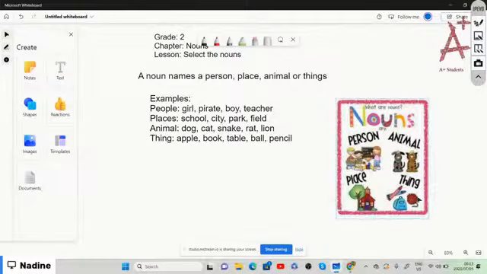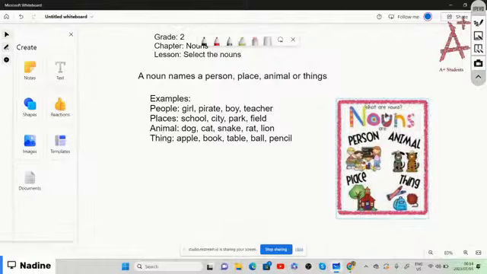Things, even the fact that you have your pen in your hand, that is identified as a noun. Pens or crayons, your bag, maybe a bowl. Place, your house, that is also a noun.